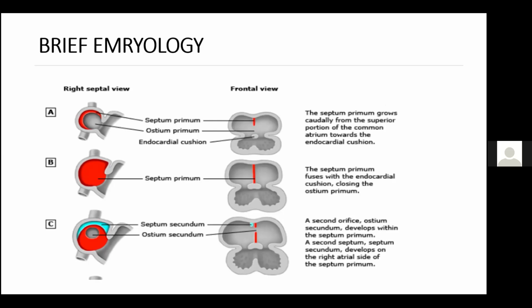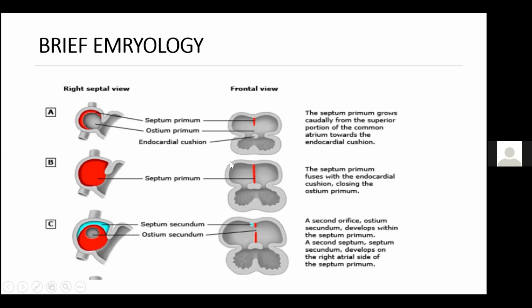So we have these two ends as the base, then towards down here we have the atrioventricular canal, and the septum is formed in the common atrium to separate the two atria.